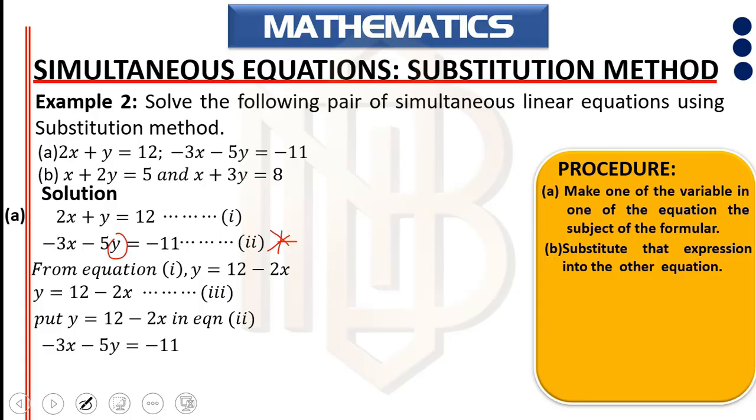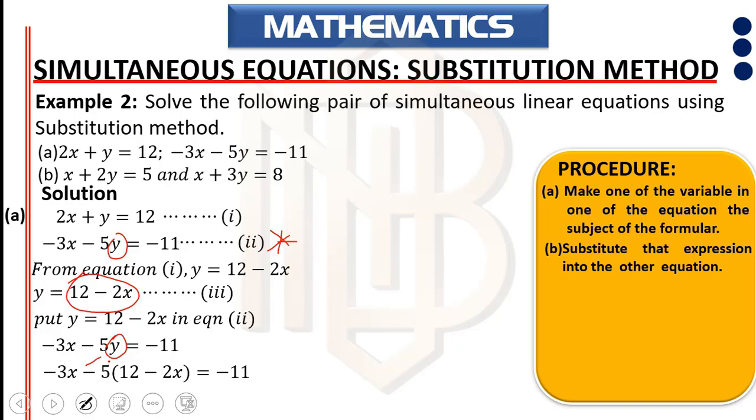This is our equation 2, and if we replace y here by the expression, that means we have minus 5 into 12 minus 2x, which we can sort out by doing the multiplication.